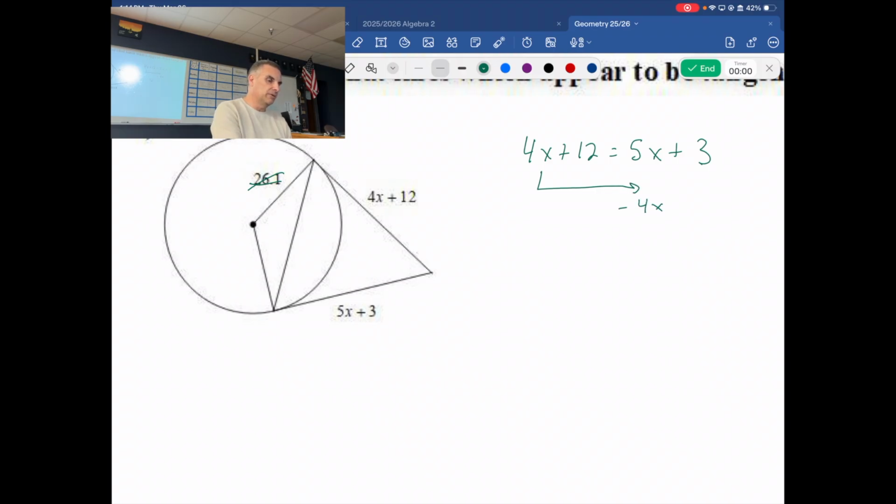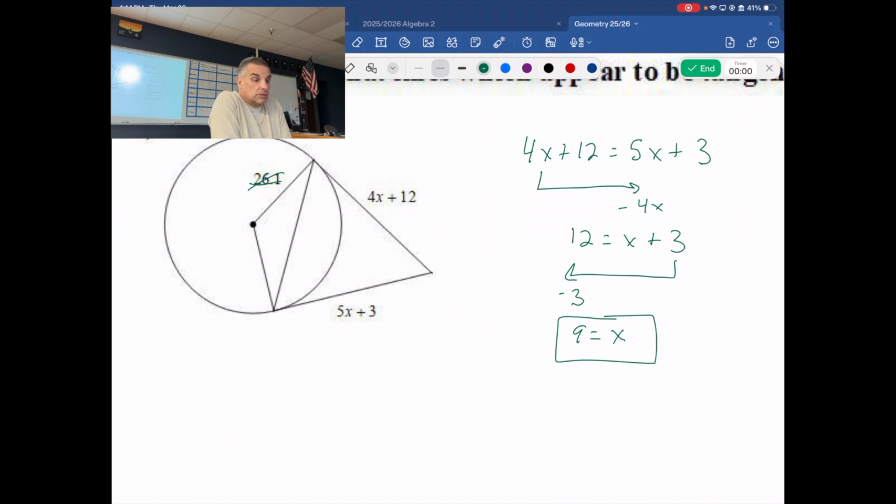The only reason I do it that way is because I like my x value to be positive. I have to subtract 3 from both sides. 12 minus 3 is 9. I'm projecting that my x value is 9.